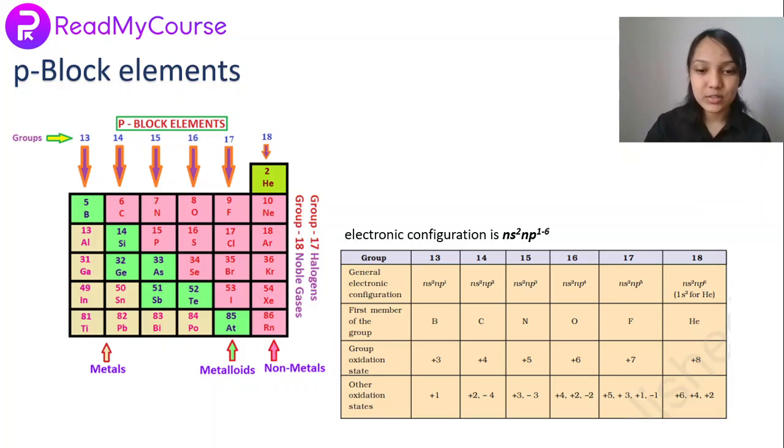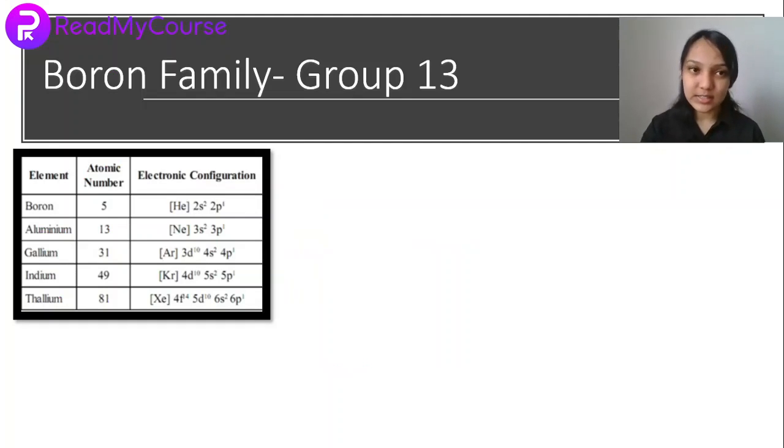Next, starting with the boron family, the elements of group 13 are named the boron family, and these elements are boron, aluminium, gallium, indium and thallium. When we look at the electronic configuration, we note that from gallium, the d orbitals are also involved.